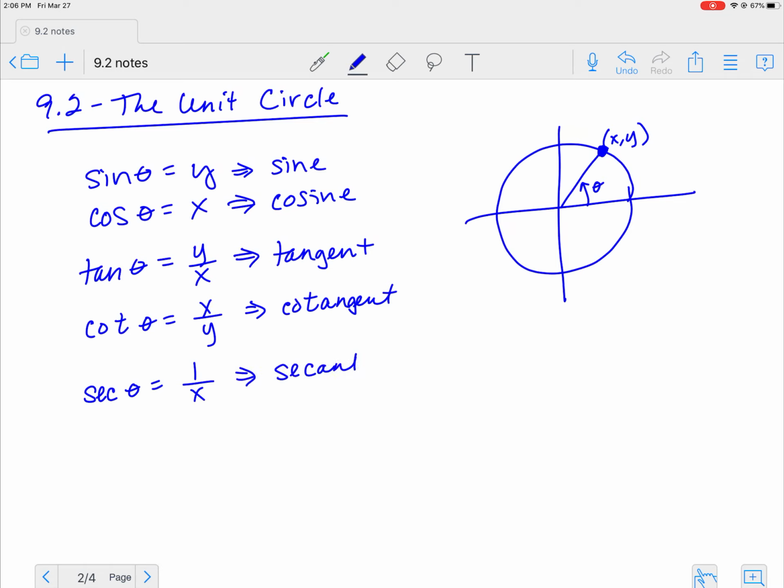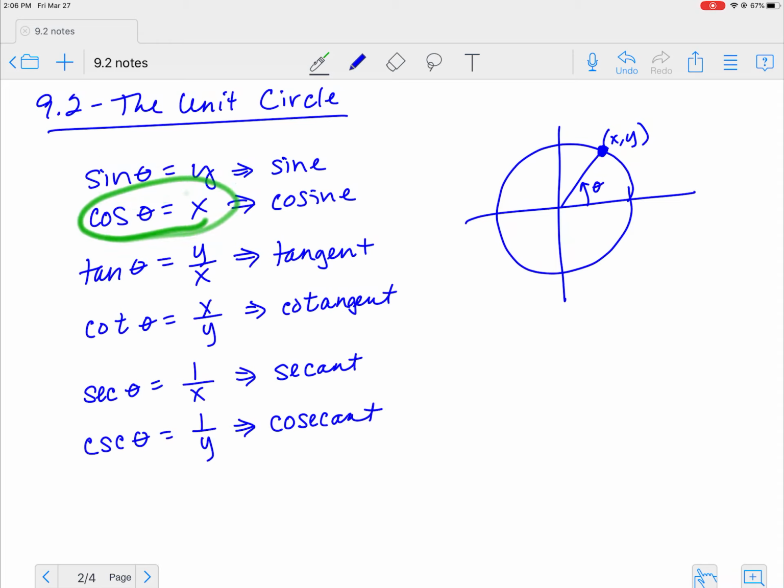We can also have secant. That's going to be 1 over x. And cosecant, CSC, will be 1 over y. All right, there are 6 trig functions, and here they are.